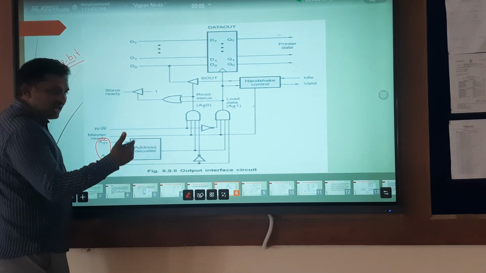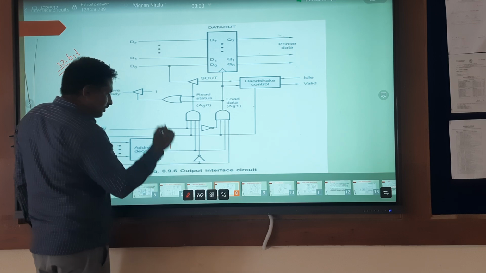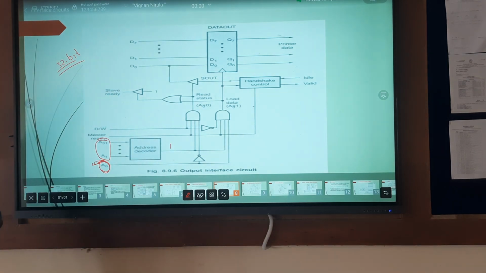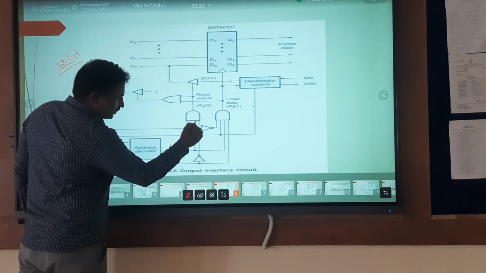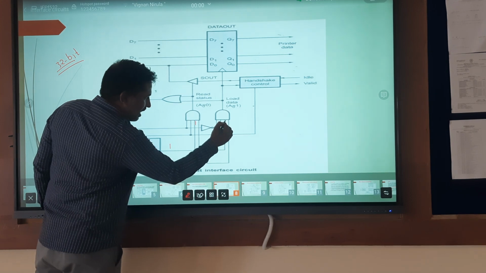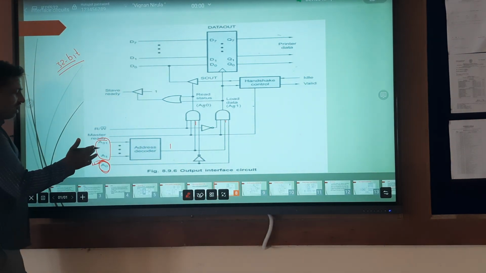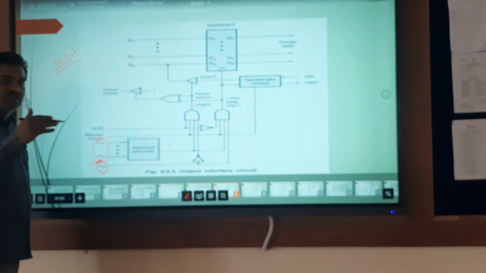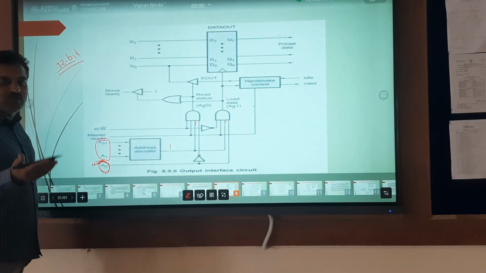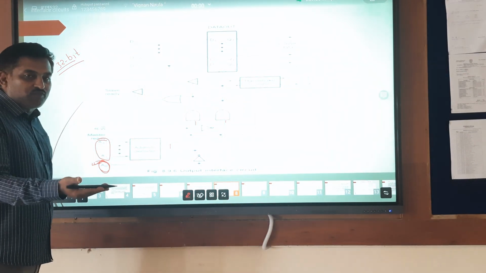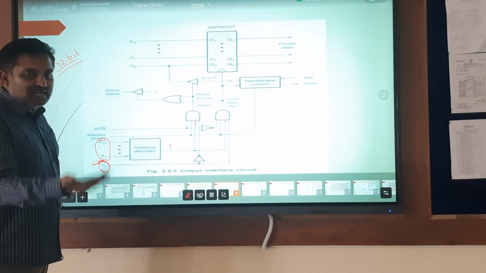Always we are assuming that the address decoder output is equal to 1, and that will be applied to here. Similarly, it will be applied to here also. Now look at this. After assigning the address, what does the processor do? The processor informs the slave device whether it is going to perform the read operation or the write operation.